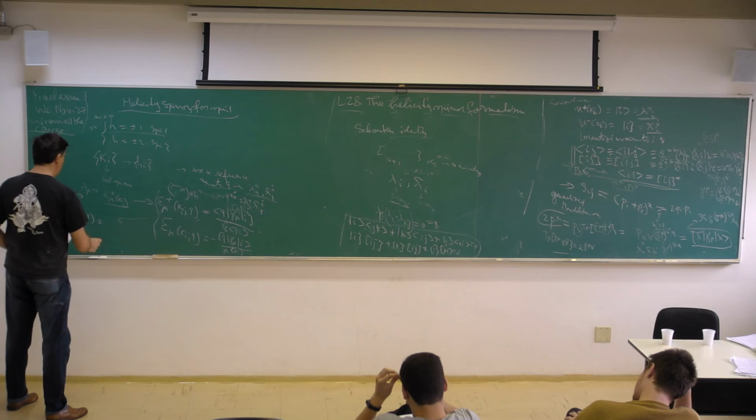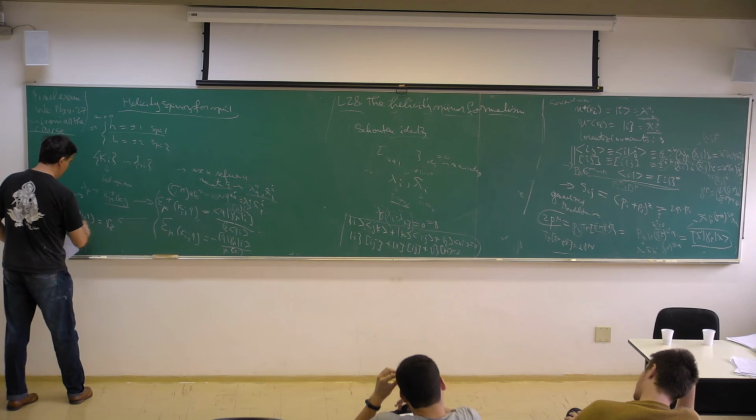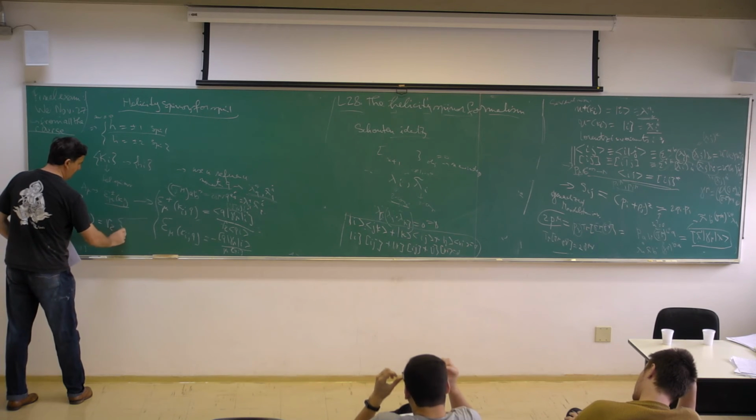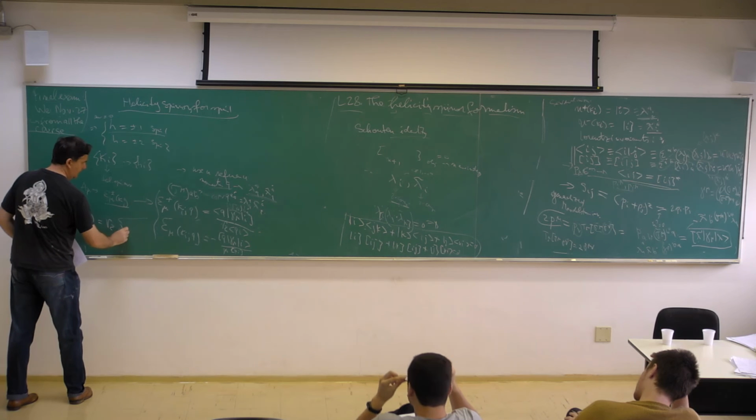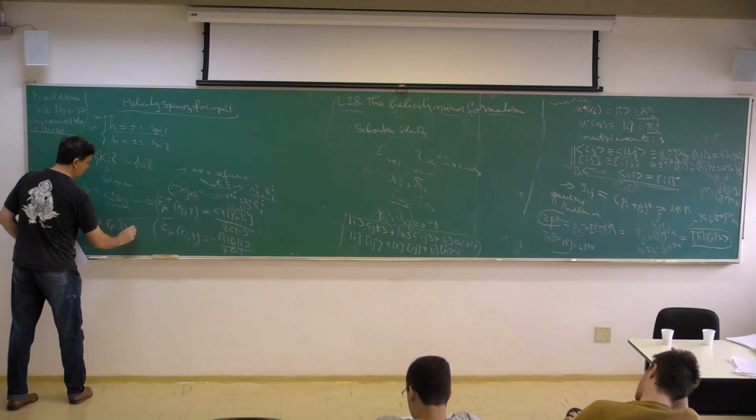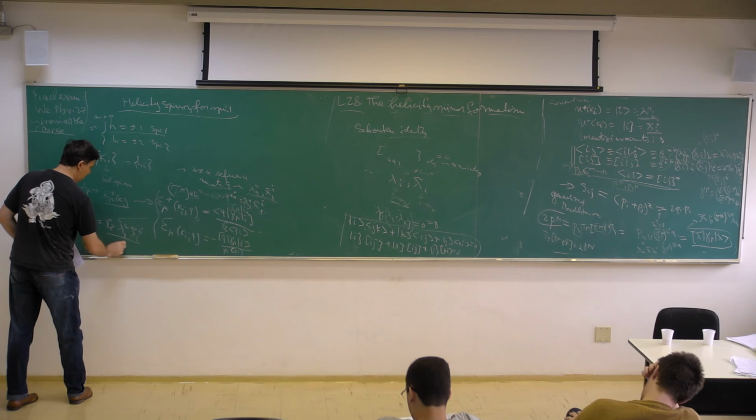And so this one gives square root of 2 lambda q A lambda tilde I B dot over QI.